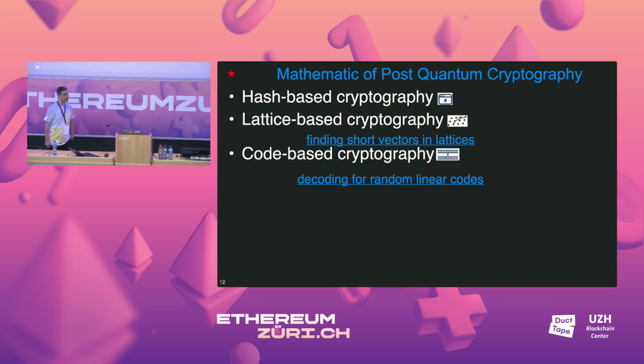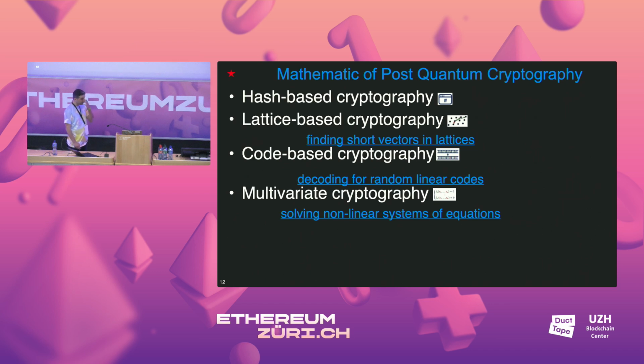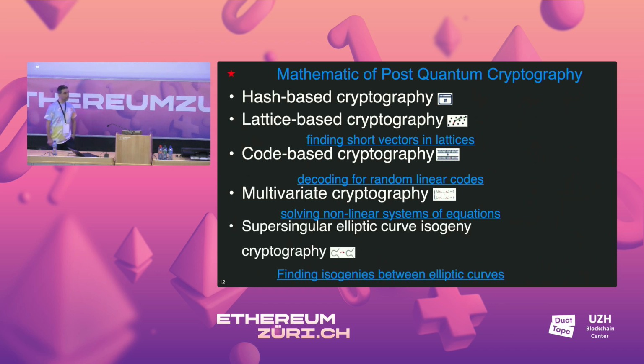We have another area called code-based cryptography. It's really, really old, potentially older than the invention of elliptic curves, but it is now coming back to be modern again, because a broken clock is always right twice a day. Then we have multivariate cryptography, and then, of course, my favorite part, I see some people here that do this kind of research: supersingular elliptic curve isogeny cryptography, which is awesome.